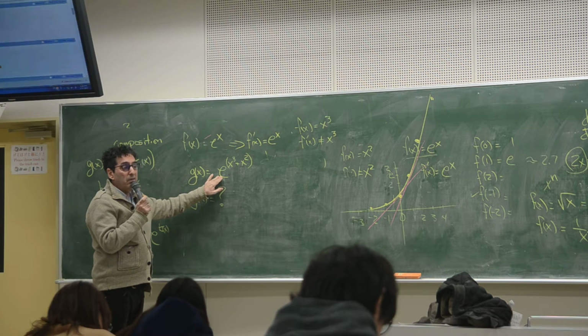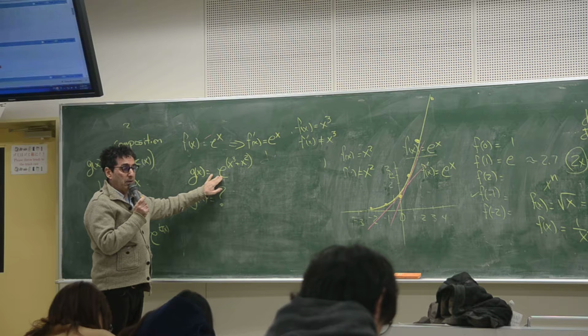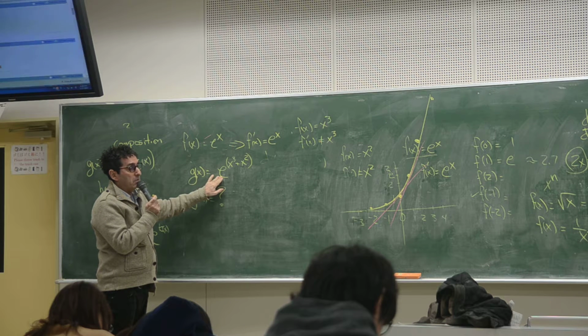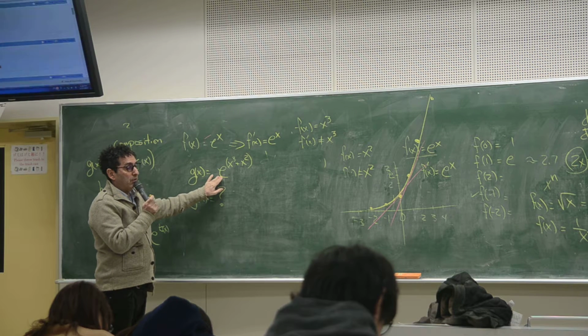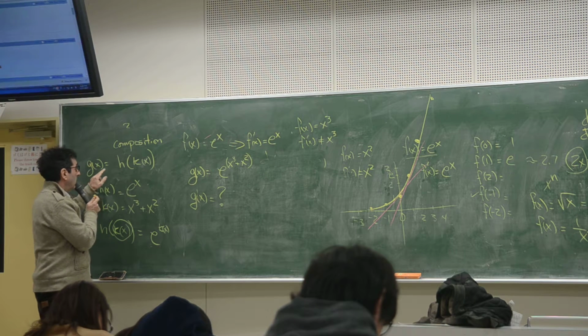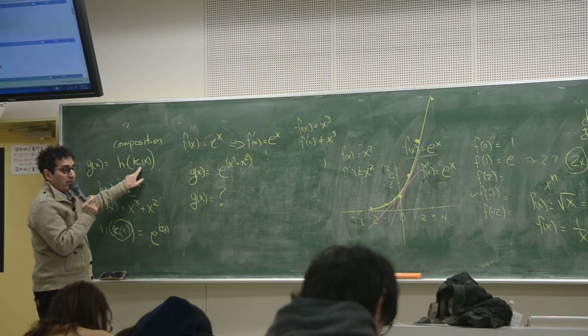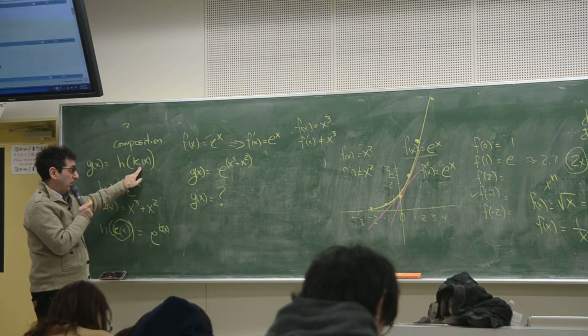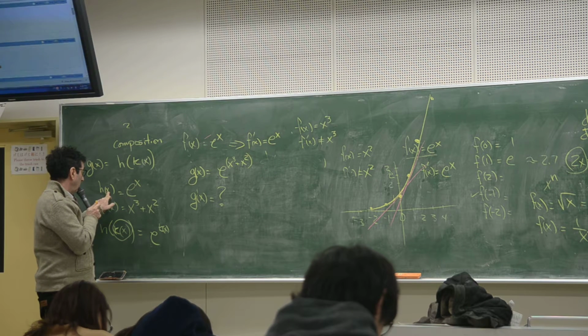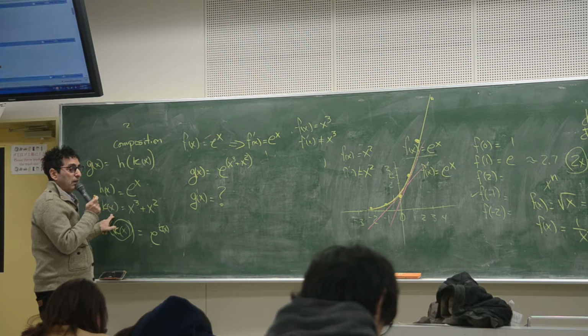Right? Okay? So, here's the function I started with. And I want to know the derivative of this, but I stopped the derivative question for a minute. And I just said, can you break this down into a composition of two simpler functions? That is, can you write this g as the composition of an h and a k? And we did it. Here's the h, and here's the k. Now, why did I do that?